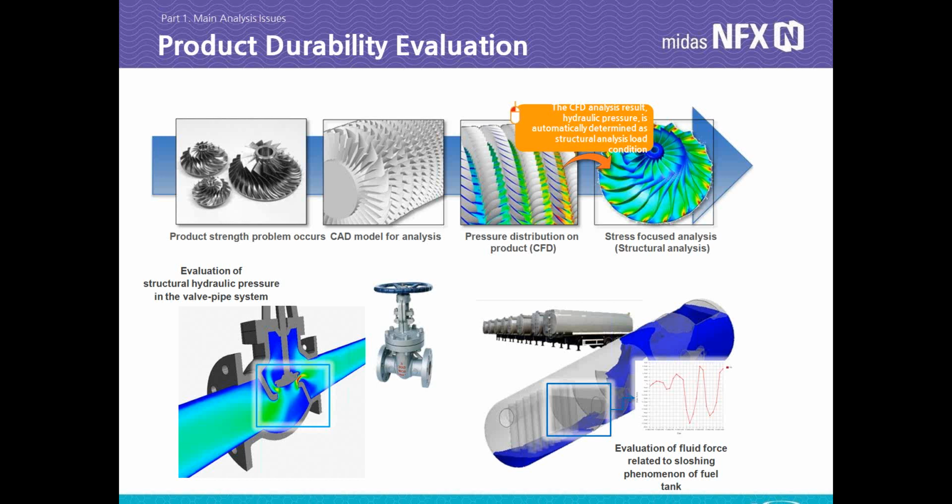Or maybe you want to check the design and know if it is correct, that there's not too high fluid pressure on some part of it. For example, if you have a valve system here and you want to know the pressure on a specific part when you open the valve, it's a very basic problem, and you can do that in CFD. Or maybe sloshing can also be analyzed.